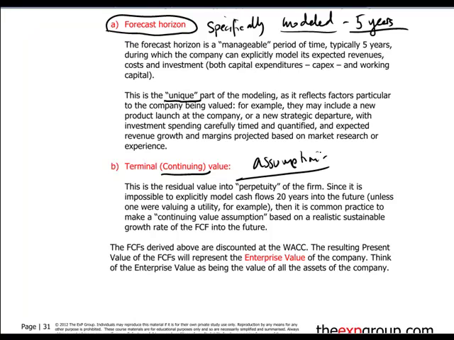Now, once we have worked out the terminal or continuing value of the company, then we need to discount everything back to a present value, and we do this again typically at the weighted average cost of capital.